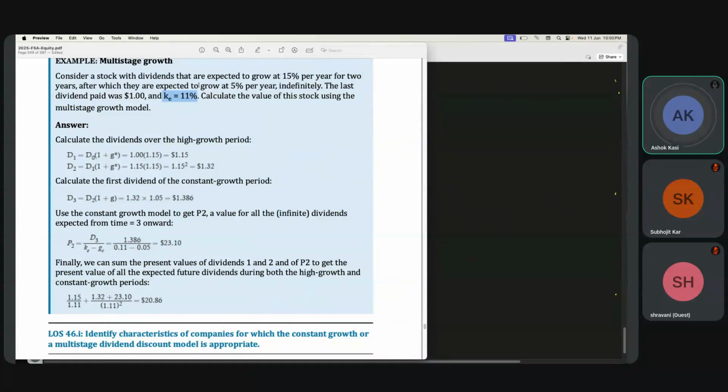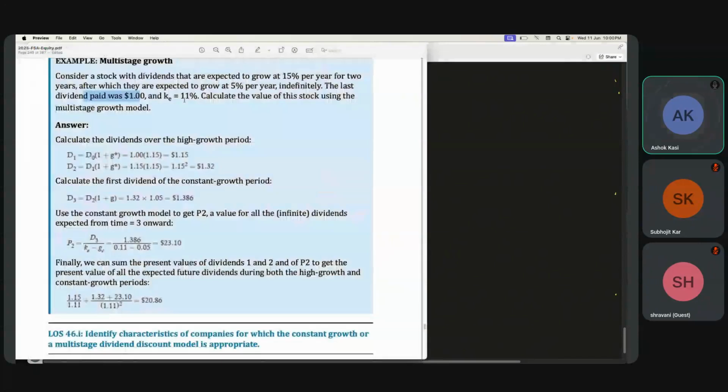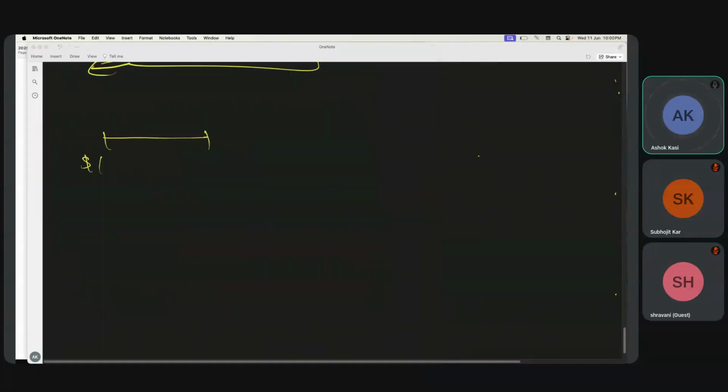So the last paid dividend was $1. For 2 years it grows at 15 percentage per year, so $1 into 1 plus 15 percentage becomes 1.15. This is for the first year.